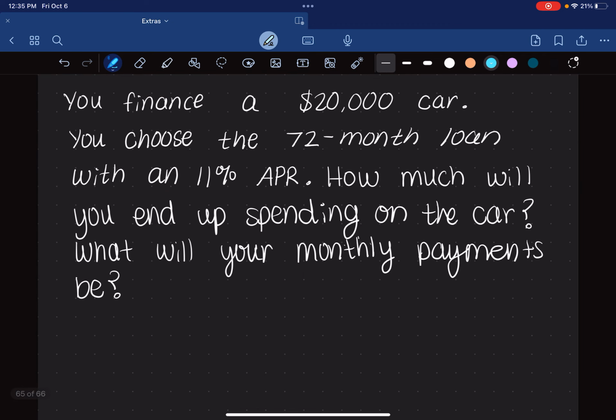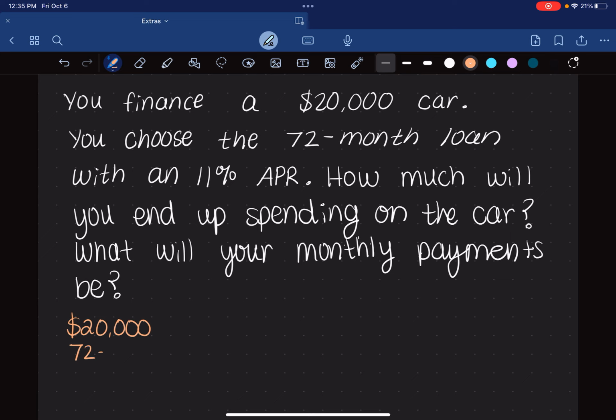All right, the next problem, we have that we finance a $20,000 car. We choose the 72-month loan with an 11% APR. We want to figure out how much we will end up spending on the car. And then we're also going to figure out our monthly payments. So I'm just going to kind of jot down some of this information real quick. We have $20,000 is our original amount for the loan.